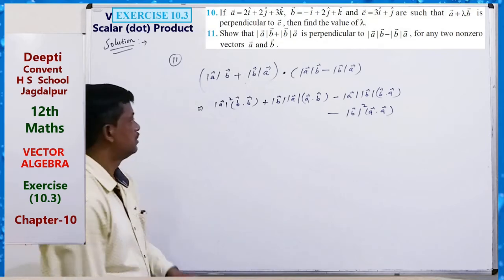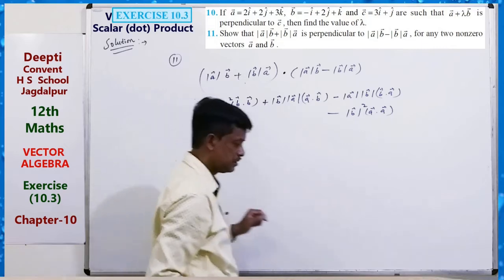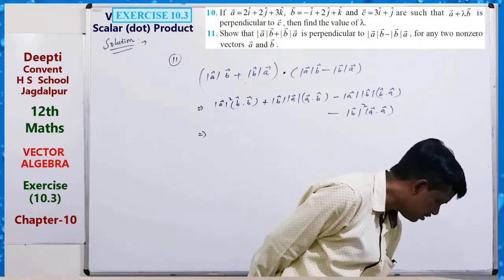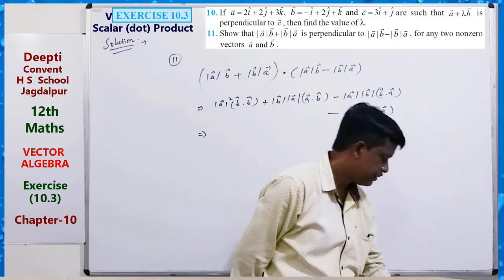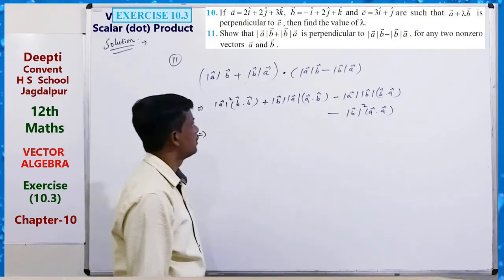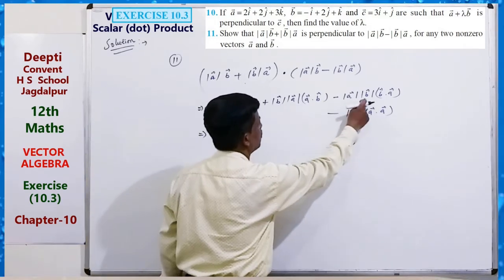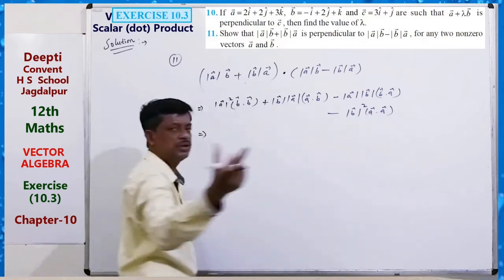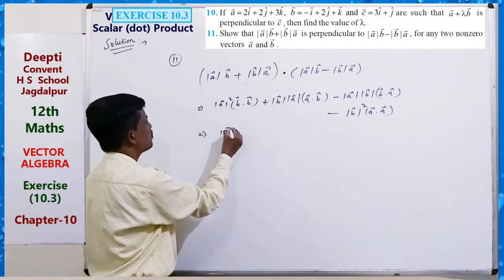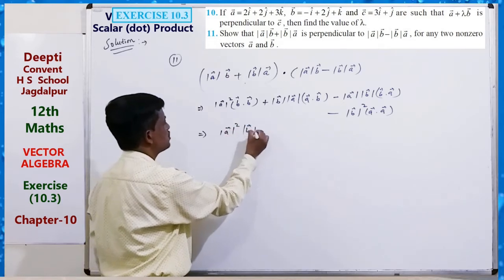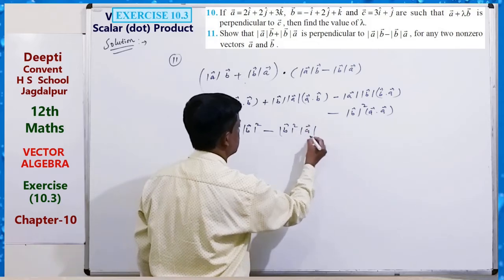Clear? So mod B mod A, A dot B equals B dot A. So these two are cancelled. So here we see mod A square mod B square minus mod B square mod A square.